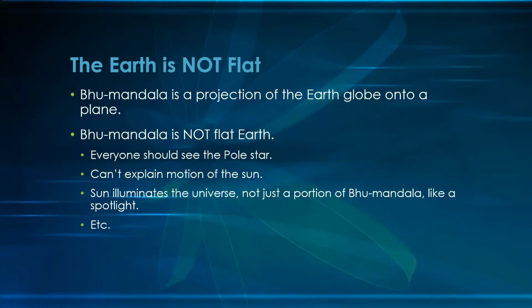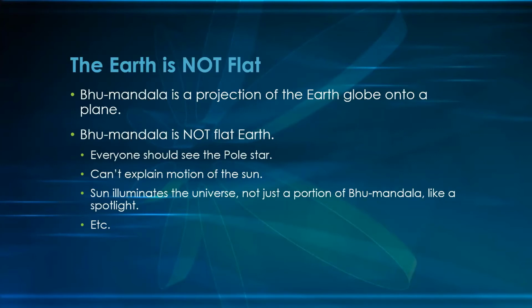Now, from what I have shown you here so far, we can see that Bhu-Mandala is not flat, but it's actually a projection of the Earth globe onto a plane. Bhu-Mandala is not flat Earth because otherwise everyone should be able to see the pole star, right?